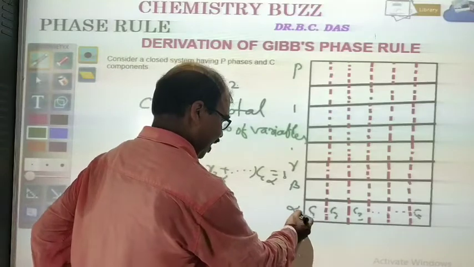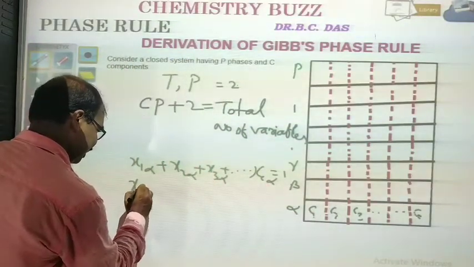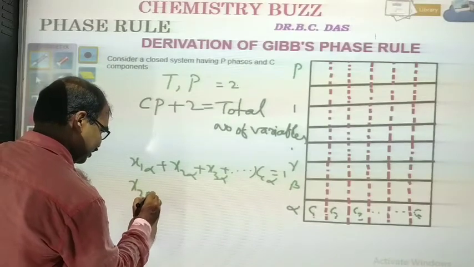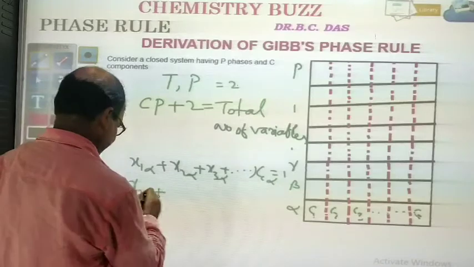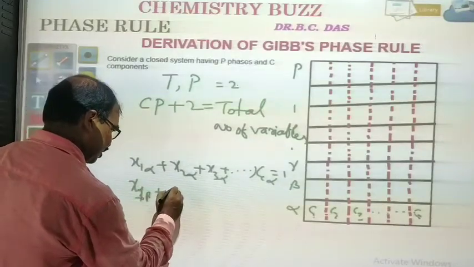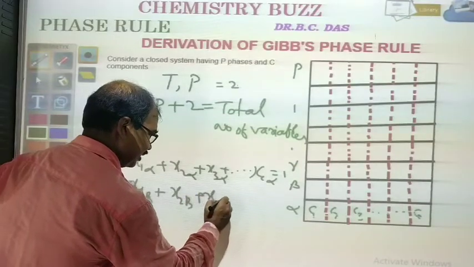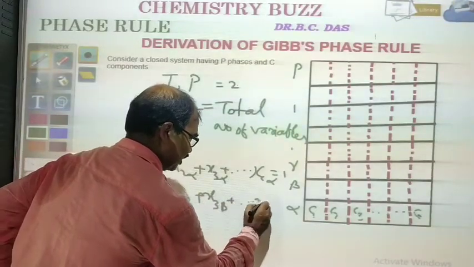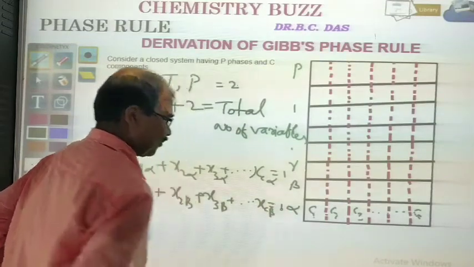So for the alpha phase this is one equation, and for the beta phase it is x1 beta plus x2 beta plus x3 beta up to xC beta is equal to 1.